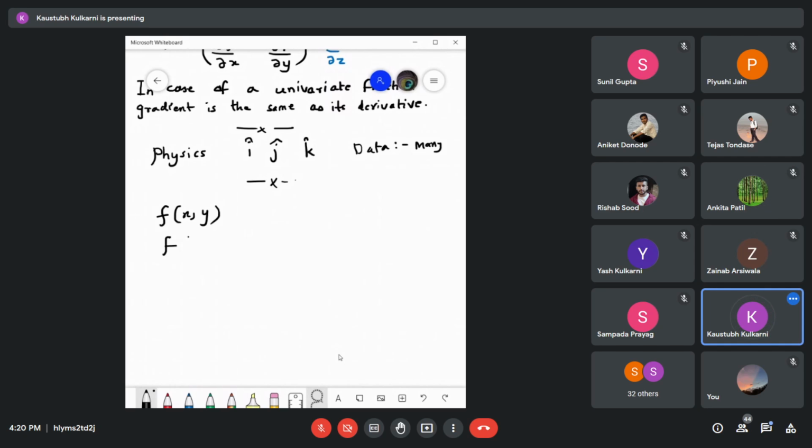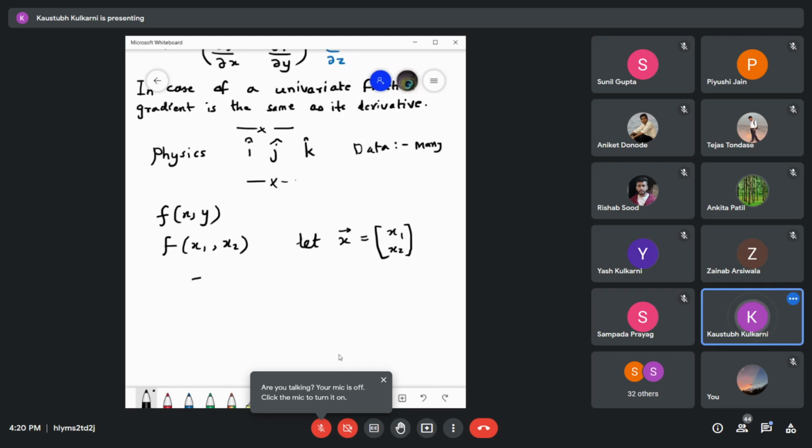Let's say f of x1 x2, and let us combine these multiple variables as a vector. Let's say the x vector is x1 x2. So effectively I am operating on a vector.